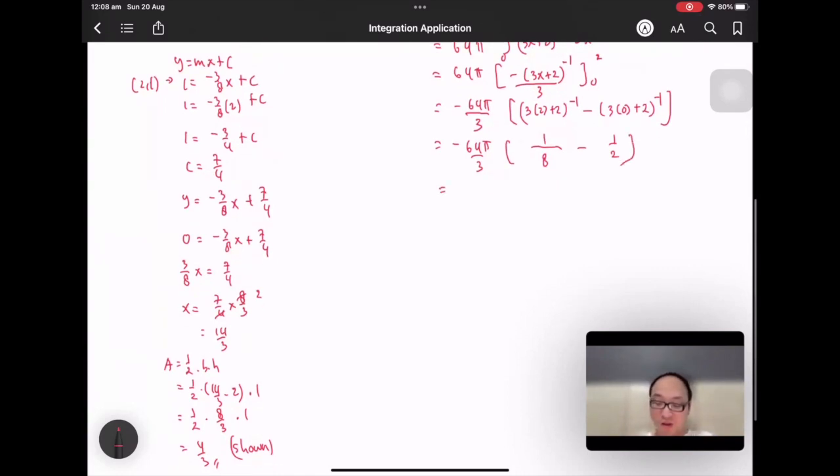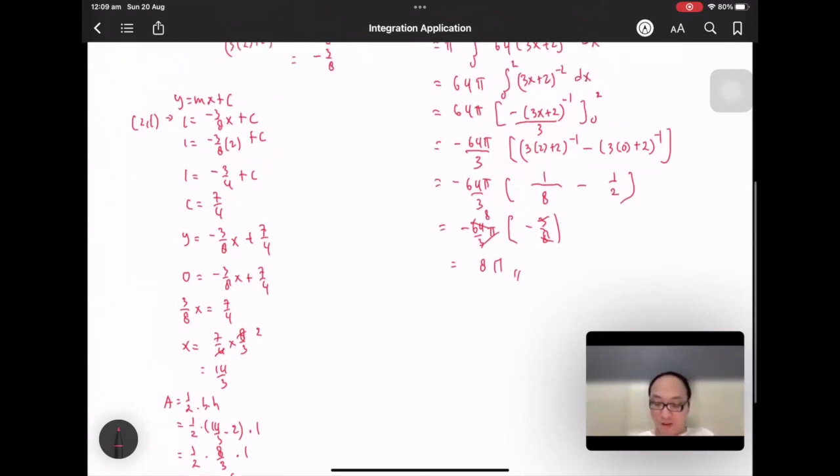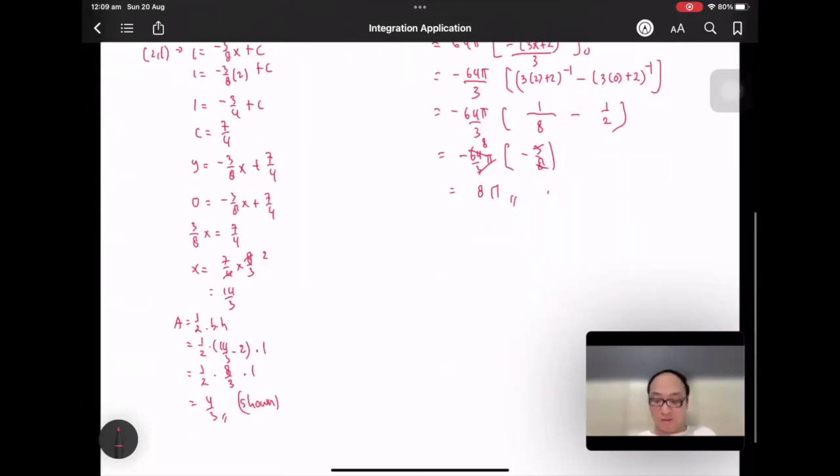So equals negative 64 over 3 pi times negative 3 over 8. So equals 8 pi. So this will be proven.